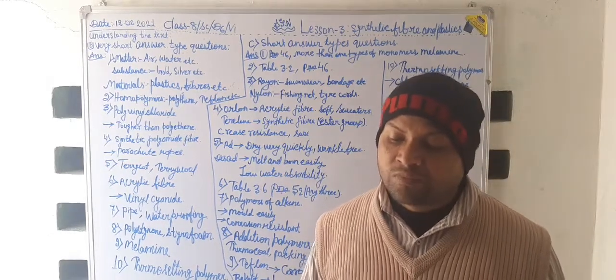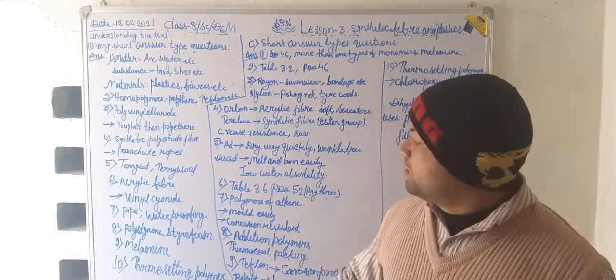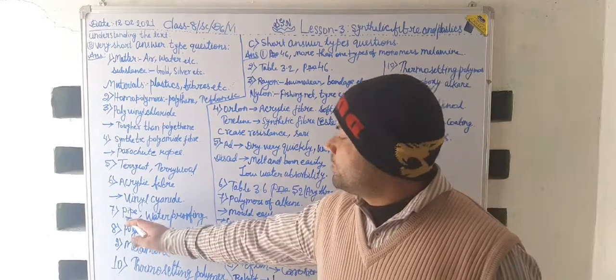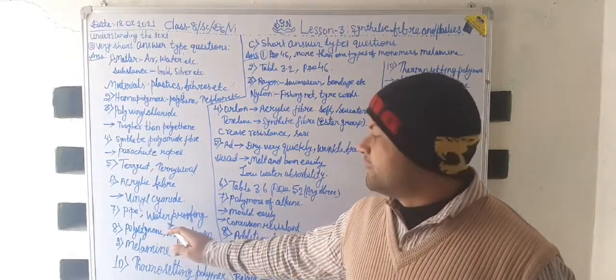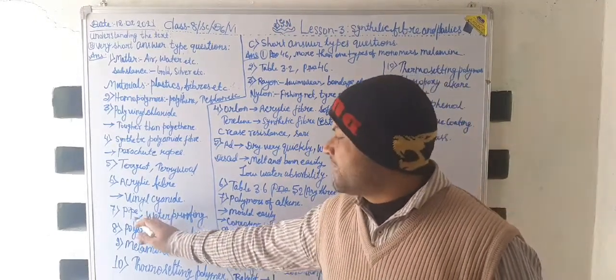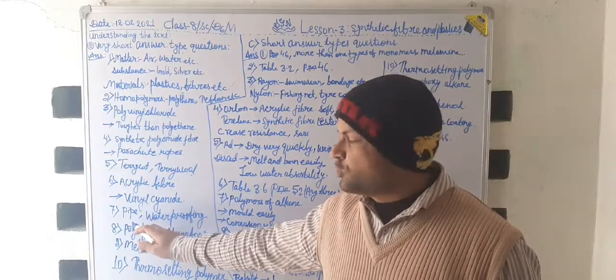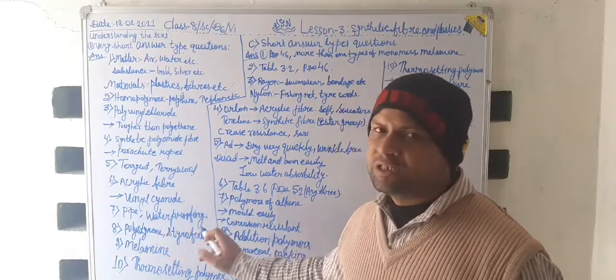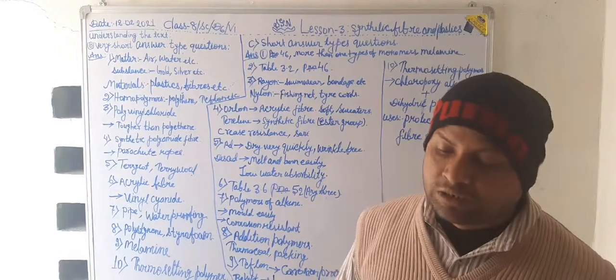These are two materials we are using in our daily life. Pipe is low density polythene and waterproofing material is high density polythene.